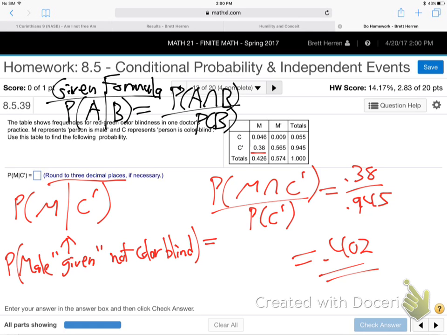That's the definition of how you do the given straight line. It's the intersection over the second one. It's always the overlap, the and, the intersection over the second one.